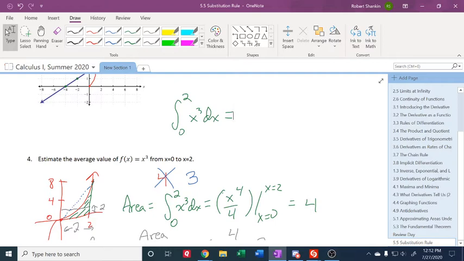I know it had to be something positive. Or if I got something way different than 6, like 500, oh, I must have punched something into my calculator wrong or done some step wrong. I always get an estimate first, and then I do the calculus, and then I have some reference to see if my answer is reasonable or not.